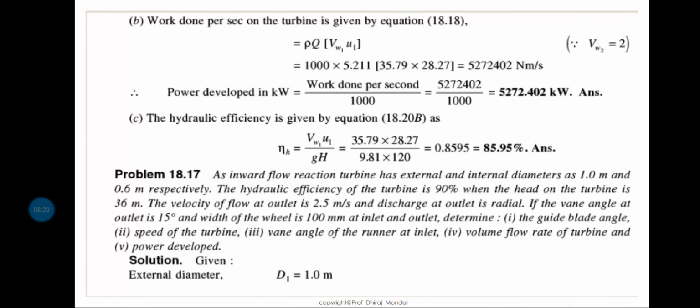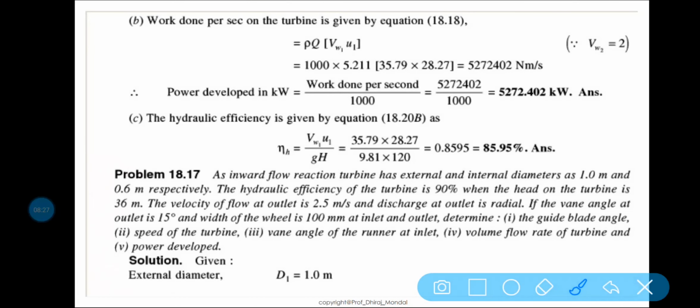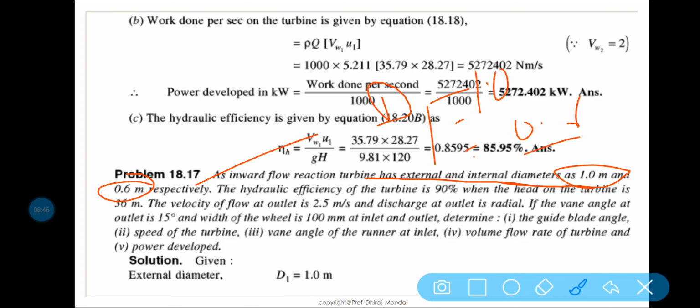Problem number 17. You can see problem number 17, an inward radial flow. Again a problem is given on an inward radial flow reaction turbine. The inward radial flow reaction turbine has external and internal diameters of 1.0 and 0.6 respectively, so diameter d1 is 1.0 and d2 is 0.6.